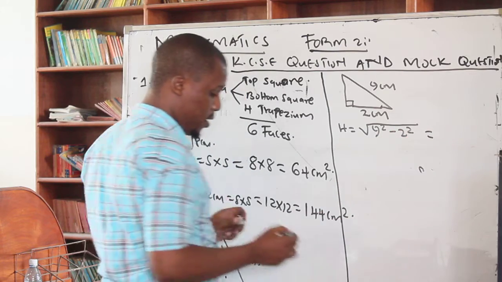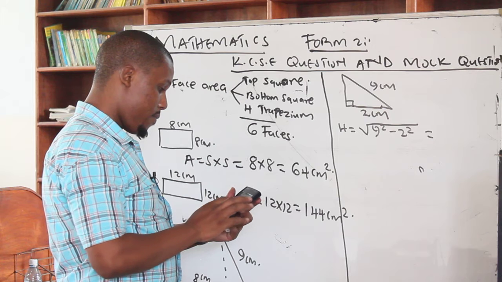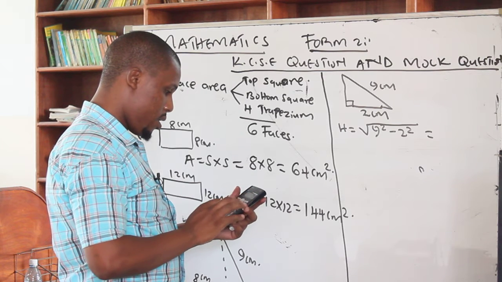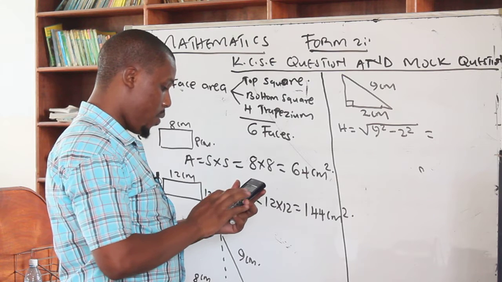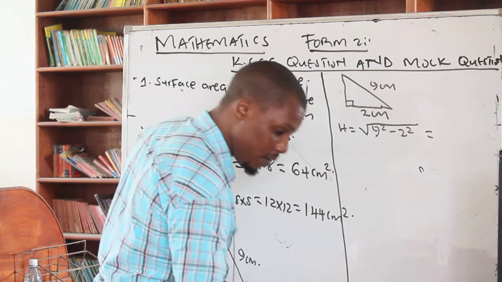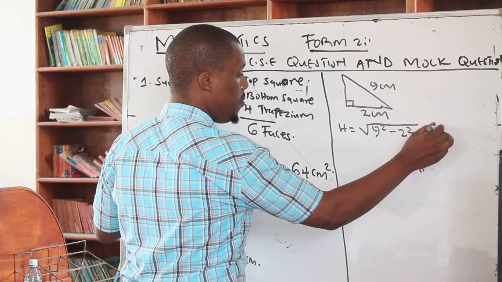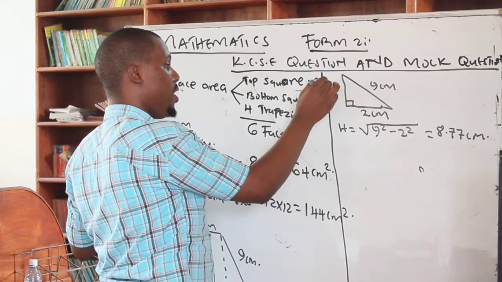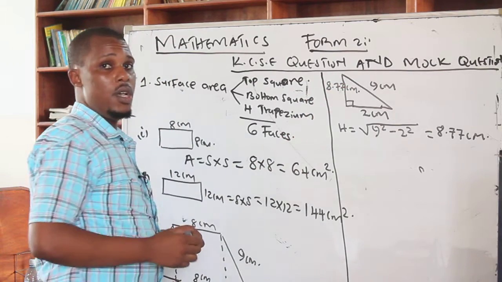From your calculator, 9 squared minus 2 squared, then the square root of the answer, gives us 8.77 centimeters. That is our height.